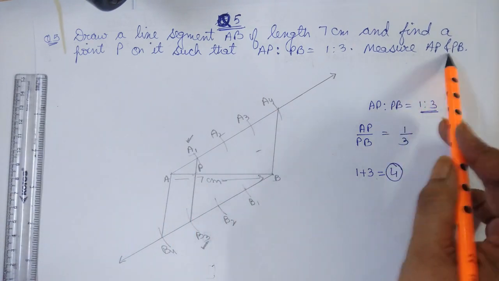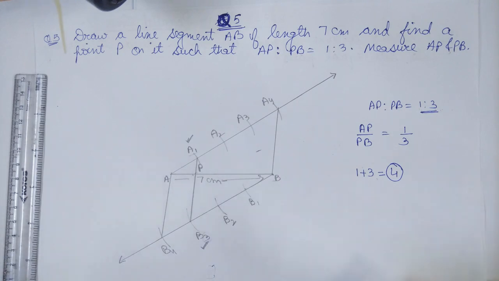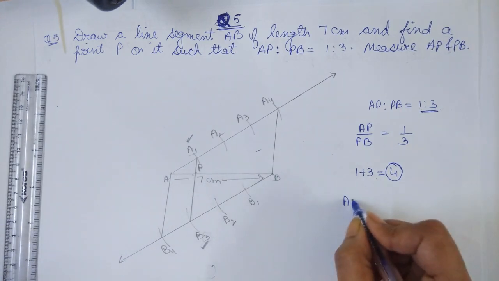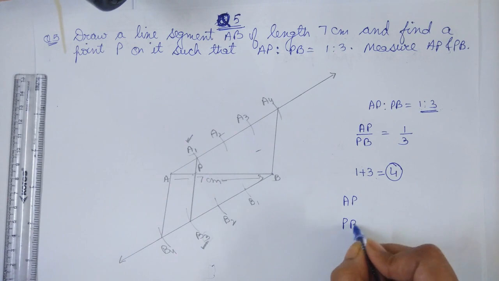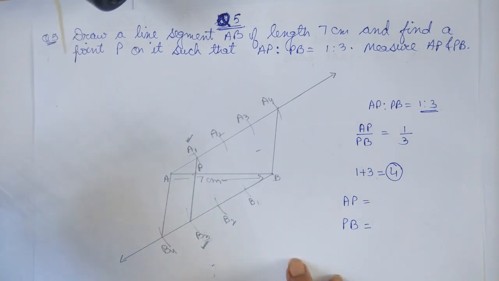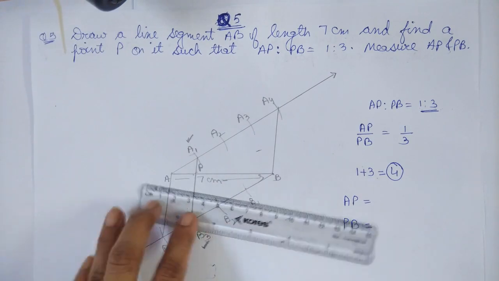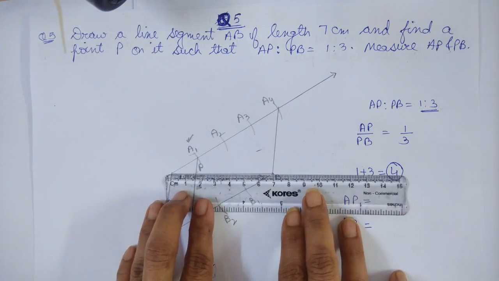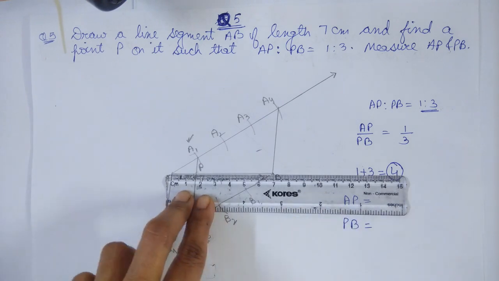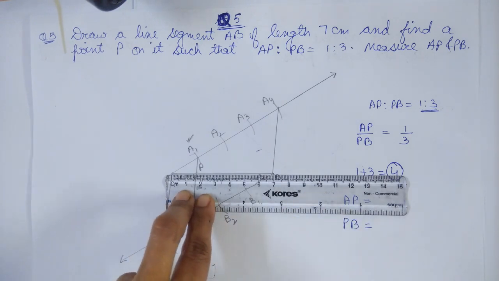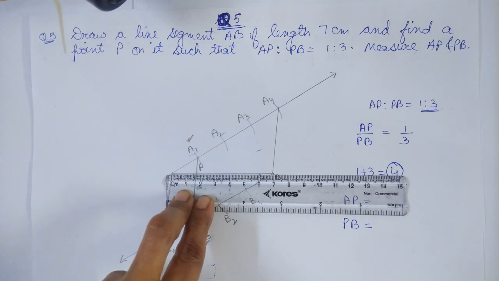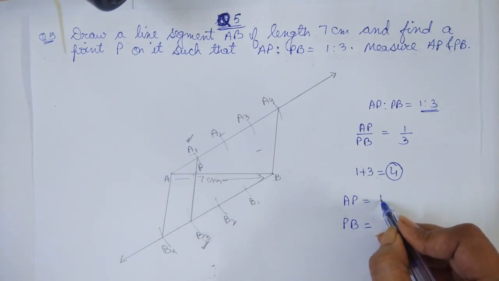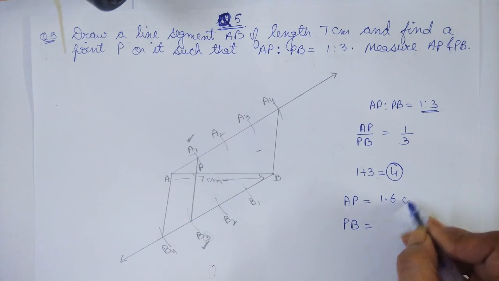Now the question is you have to measure AP and PB. So we will measure AP and PB with the scale. Let's see what result we will get. If you measure AP, approximately it is coming as 1.6 or 1.7. So you will write AP as 1.6 centimeter.